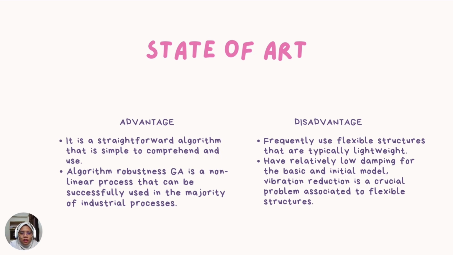For the disadvantage, flexible structures are frequently used and are typically lightweight. Second, they have relatively low damping for the basic and initial model. Vibration reduction is a curious problem associated with flexible structures.